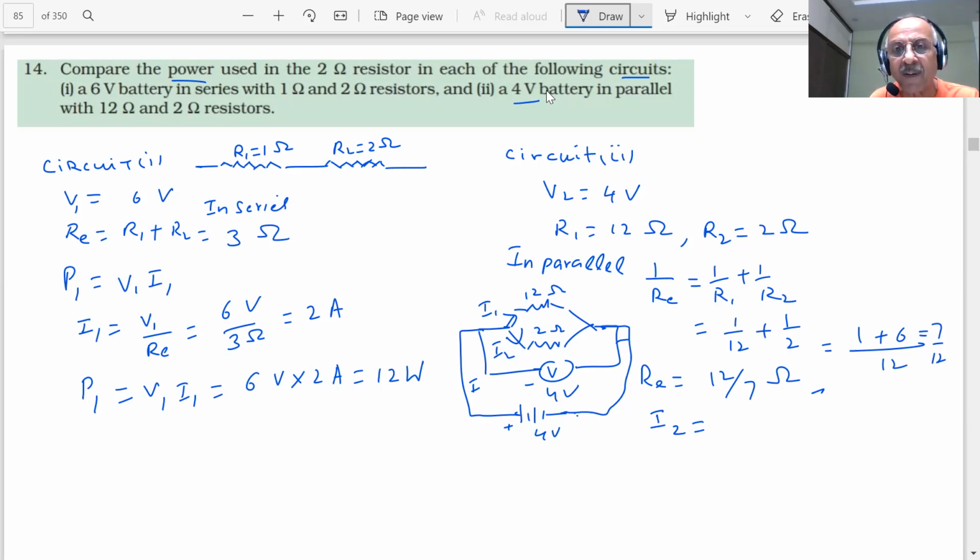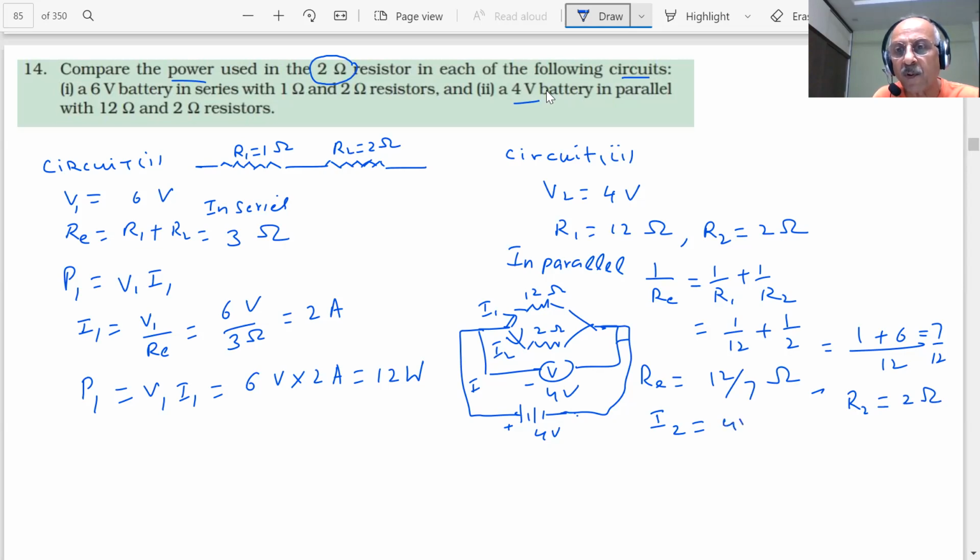Here, what will be the R2 value? Because he is asking the power used in the 2 ohm resistor, the current will get divided, student. If the resistance R2 is equal to 2 ohms, then what will be I2, student?